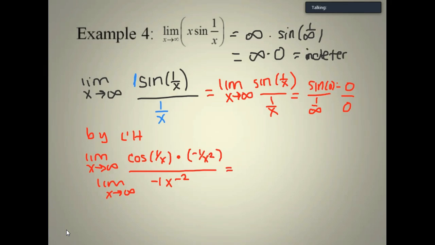So that 1 over x squared could kind of get written out in front of our limit in a way.